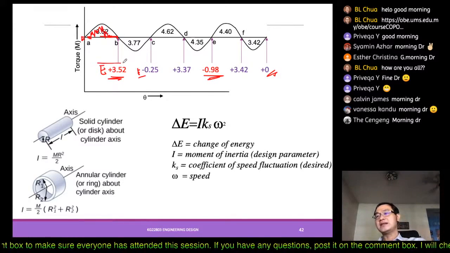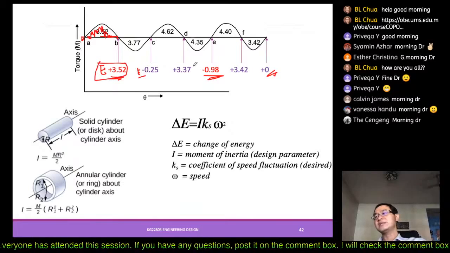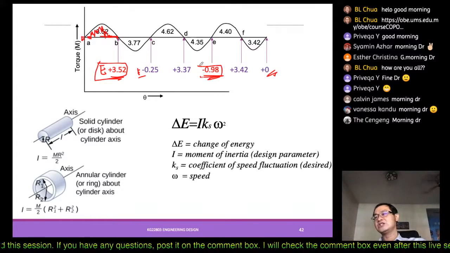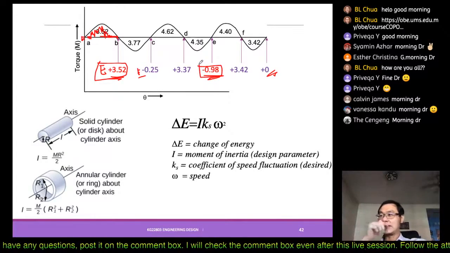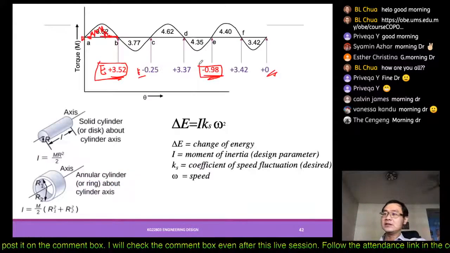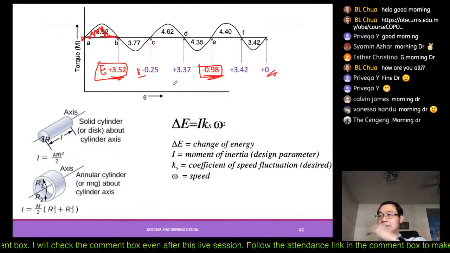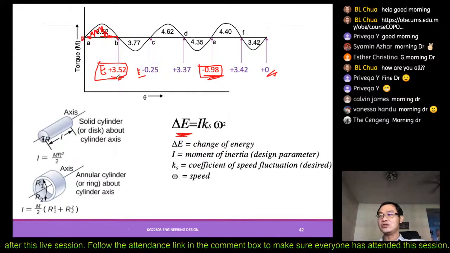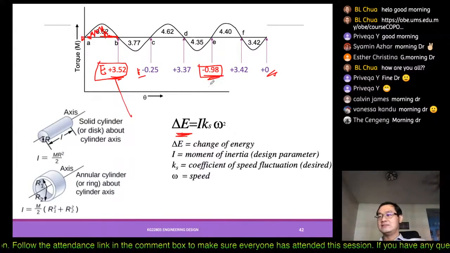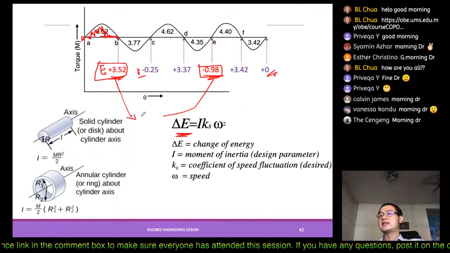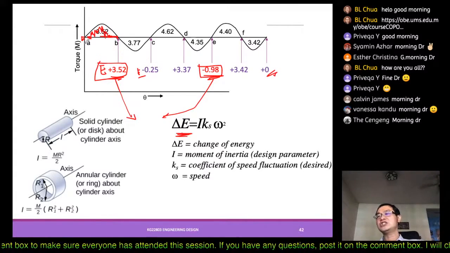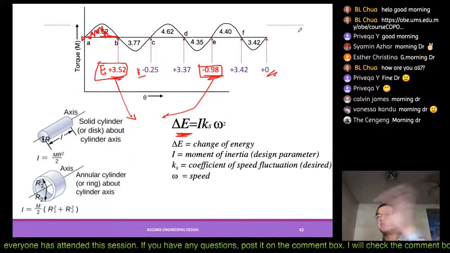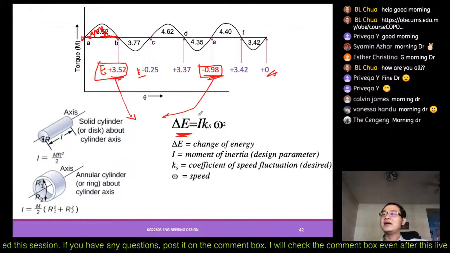There is a maximum energy stored and a minimum energy stored. So from here we can calculate the change of energy: the highest minus the lowest gives the change of energy throughout this period which we have identified.